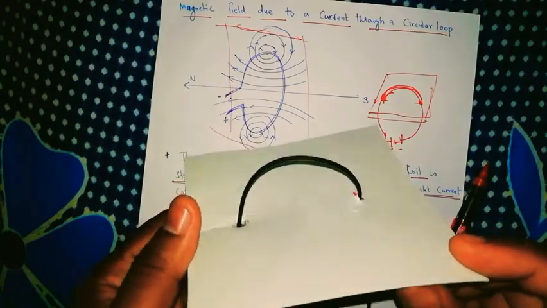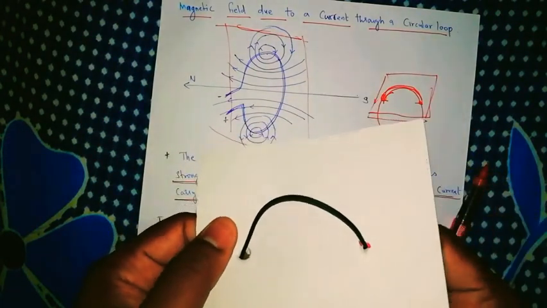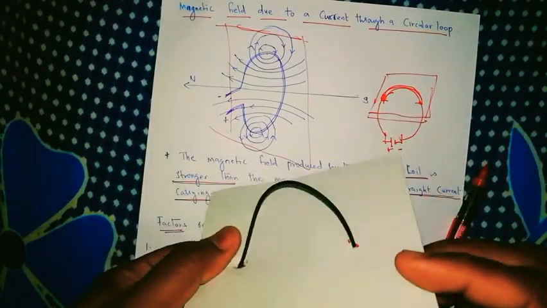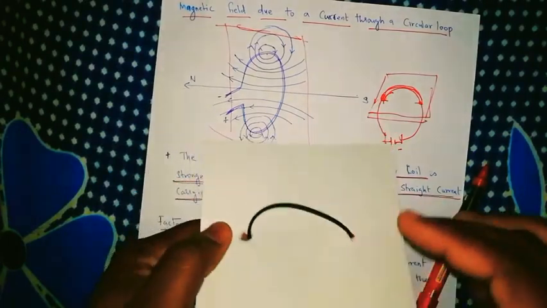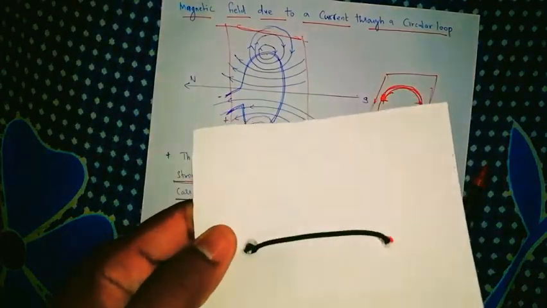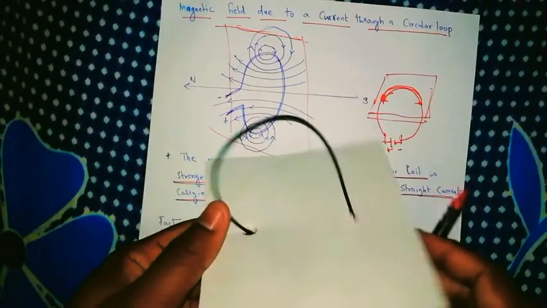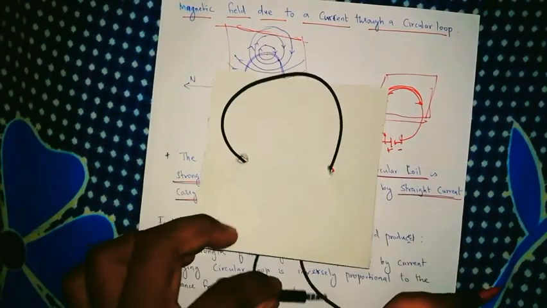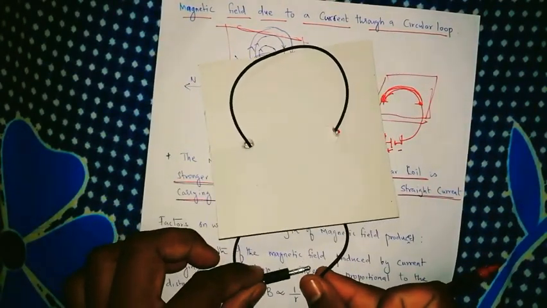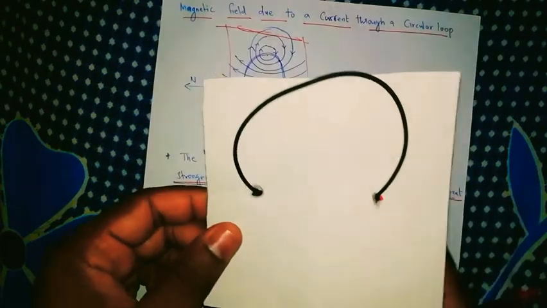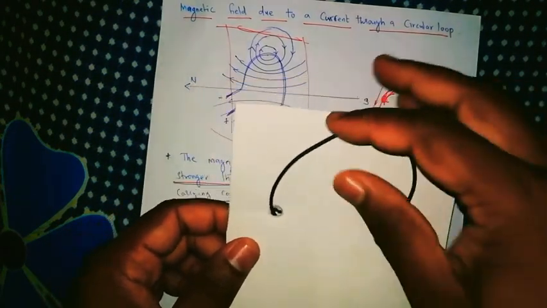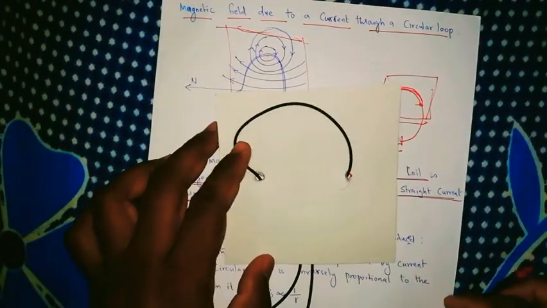I put some wire by making two holes so that the wire will be seen like this. And this will go down, and here it will be connected to the positive and the negative of the battery.